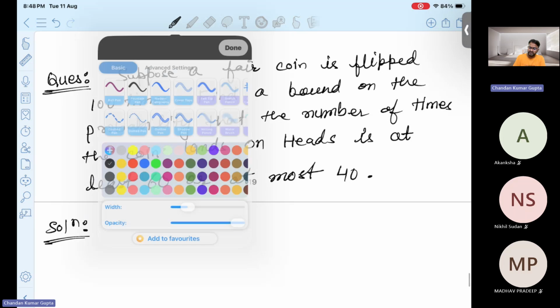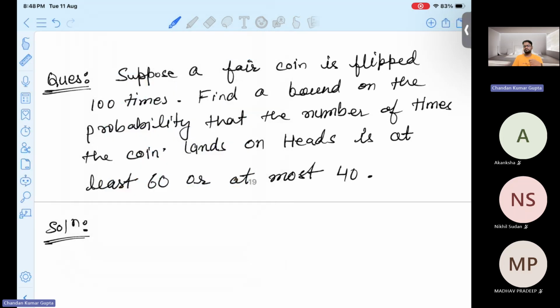But before that we need to find the mean and variance. Obviously, since a fair coin is tossed, that means Bernoulli distribution.